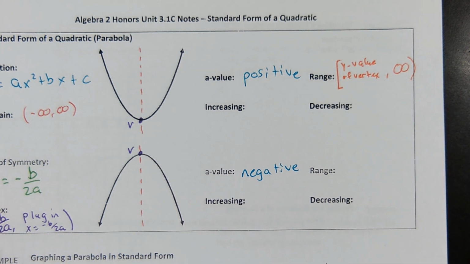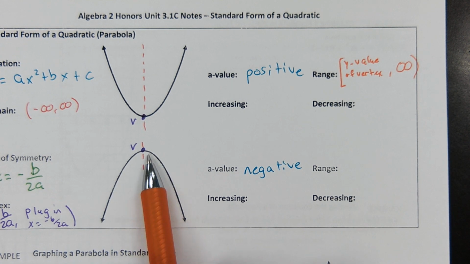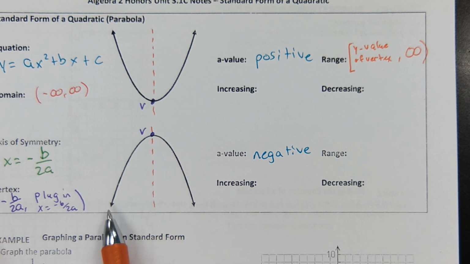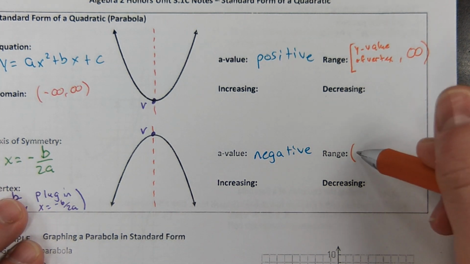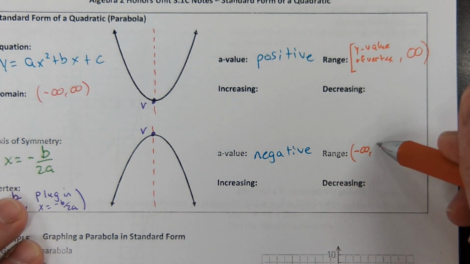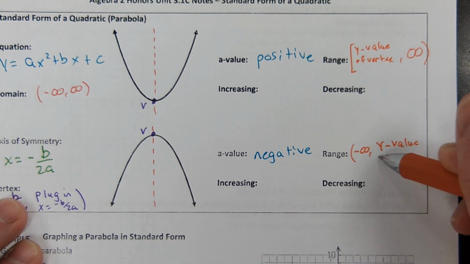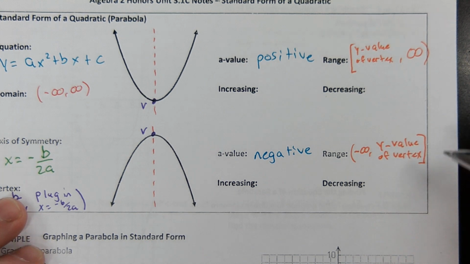Whee, like that. Whereas this quadratic has a maximum. So the y value of the vertex is the top of its range. It's coming up from down here. It's coming up from negative infinity to whatever the y value is of the vertex. Like that, with a bracket.